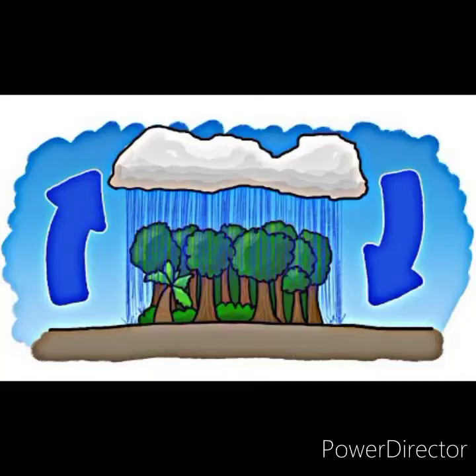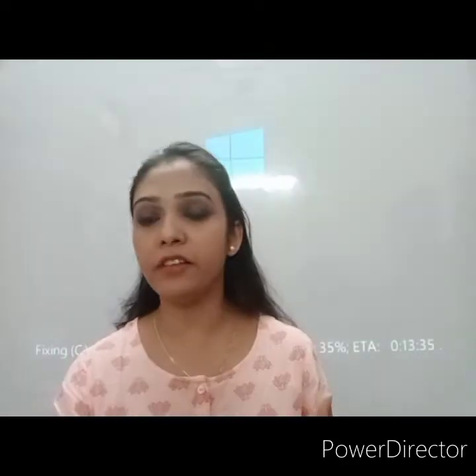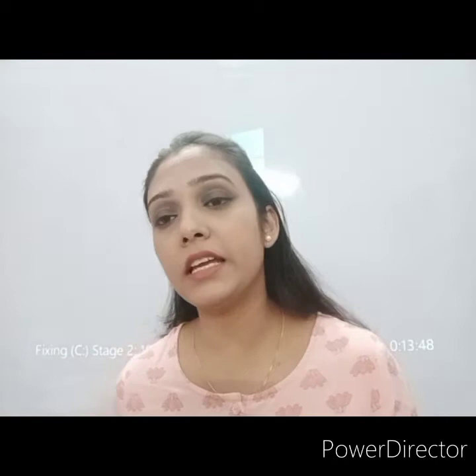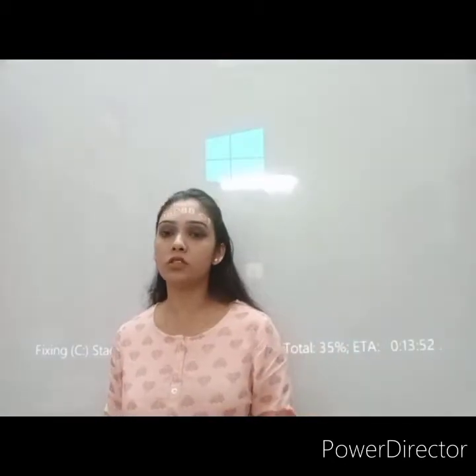Then, yes children, plants do attract the clouds. They are very much attractive, and they also bring rainfall. Greenery is very much helpful in bringing the rainfall on the earth. Like I said, they keep us free from pollution. They keep the air purified.